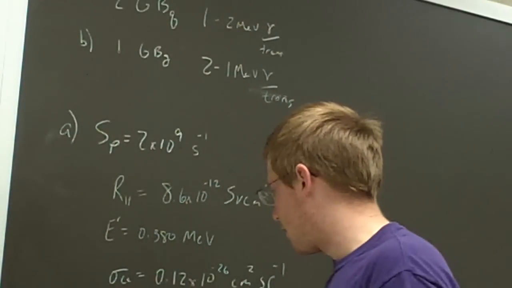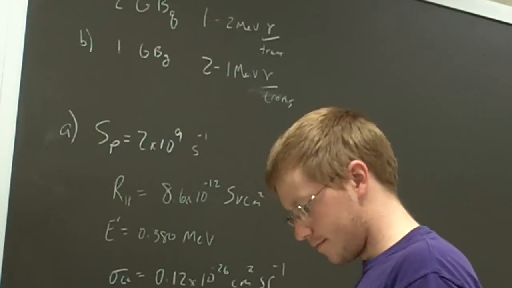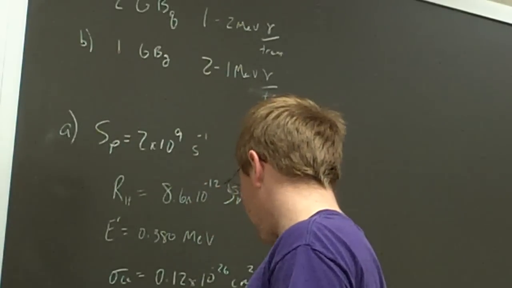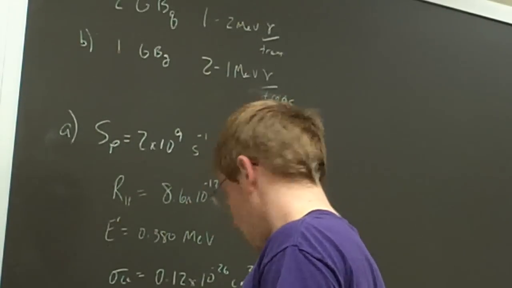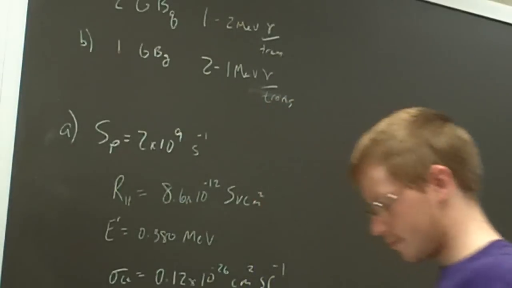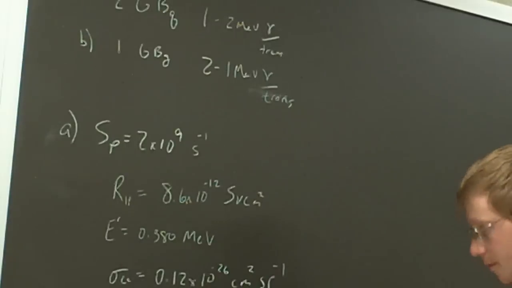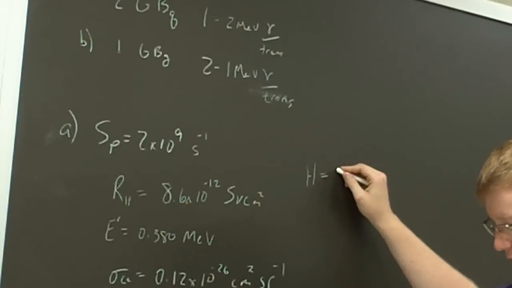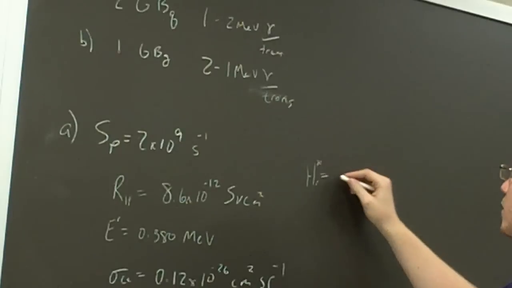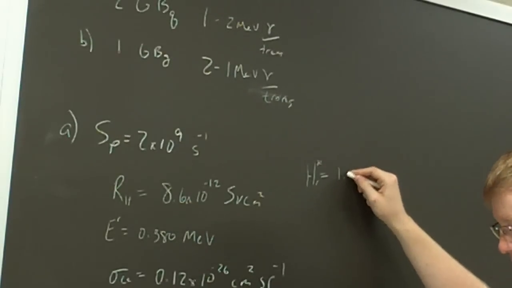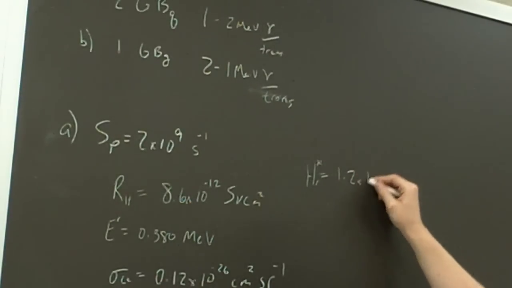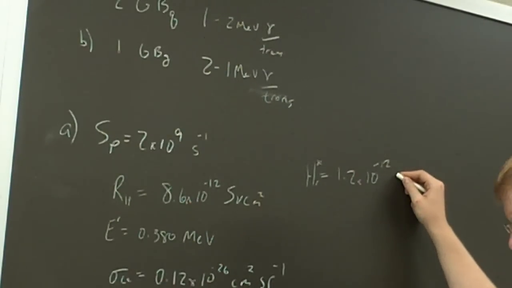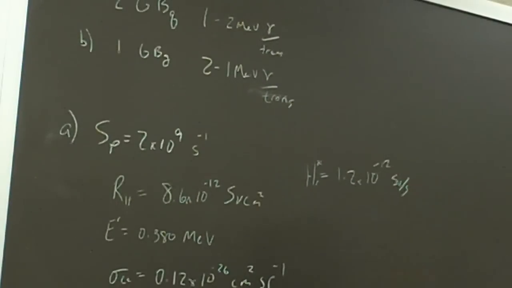And finally, that the differential albedo is 0.00739. So your final answer for A, you can get that H is equal to 1.2 times 10 to the negative 12 sieverts per second.